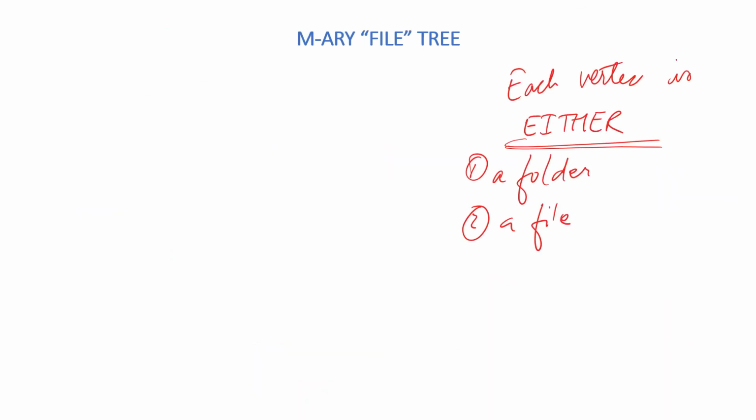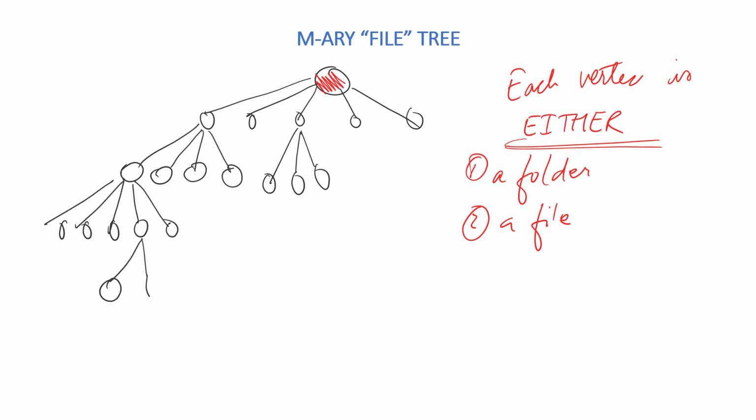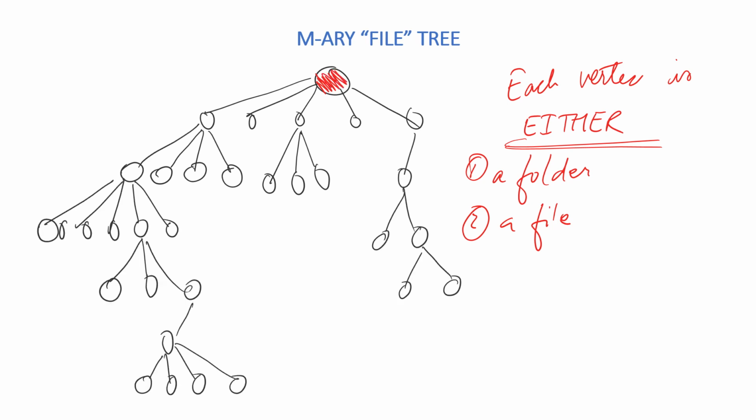Right. Obviously, we're not limited to file or folder structures where a folder can only have 2 subfolders, or 2 children. We can have potentially an infinite number of subfolders within a folder. There are no restrictions. Each vertex can either be a folder or a file.